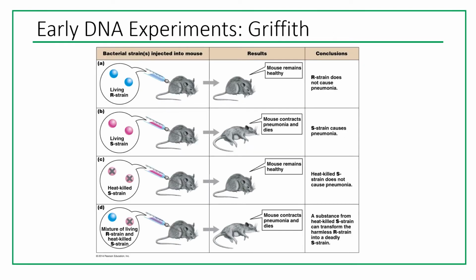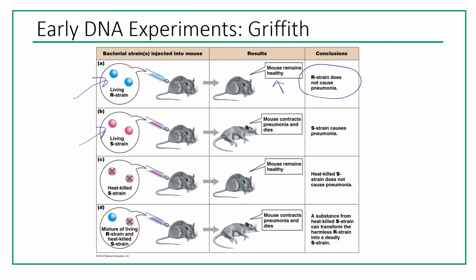So on this slide, we will briefly talk about Griffith's experiment. What Griffith did, he had a bacteria that caused pneumonia, and the bacteria has two different strains. One strain is called R bacteria and another is S bacteria. When you inject mice with R bacteria, the mouse remains healthy.